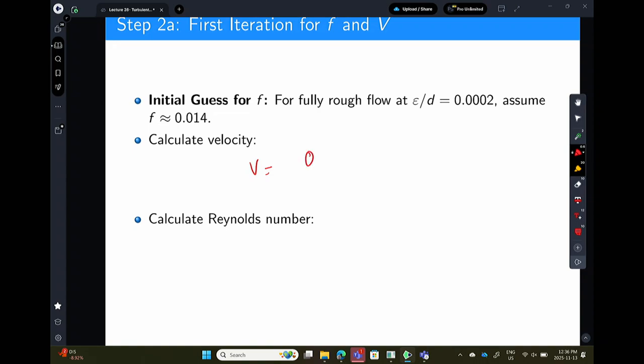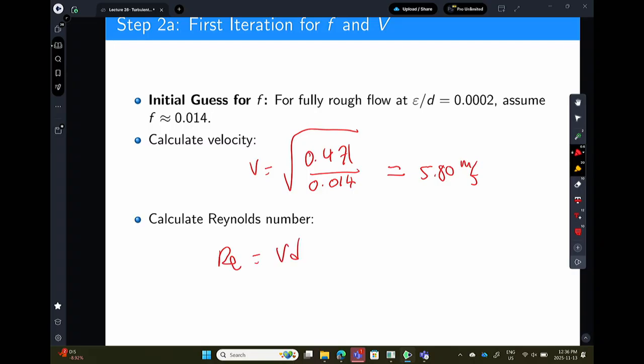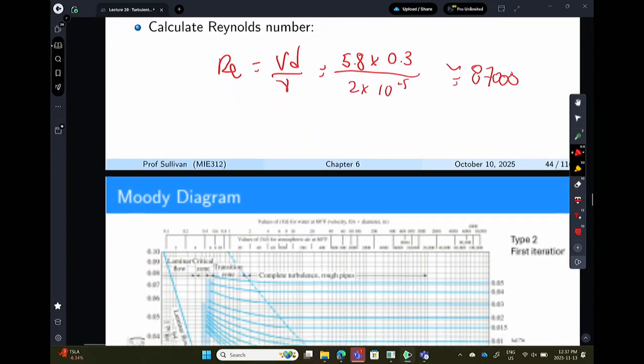So it's going to be 0.471 over 0.014, square rooted, which is approximately 5.8 meters per second. Calculate the Reynolds number. And I get 87,000. So let's look at what my initial guess looked like.